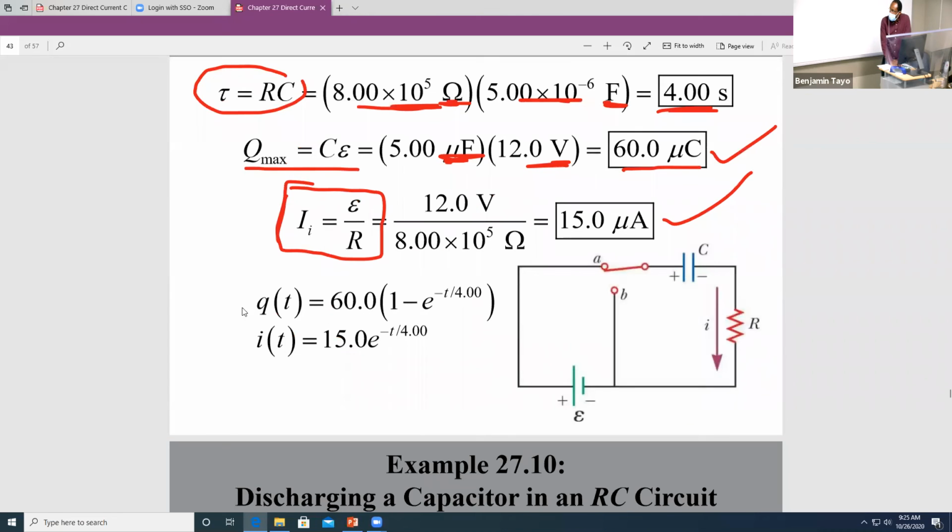Now you can write this expression here, Q of t and I of t. I want you guys to look at this equation very carefully. Let's call this equation number 1 and this equation number 2.